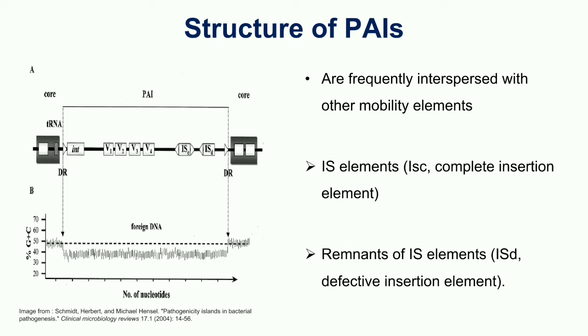These insertion elements can either be complete insertion elements as indicated by ISC in the diagram, or they can be remnants or imperfect insertion elements known as defective insertion elements. This is shown as ISD in the diagram besides the complete insertional elements.